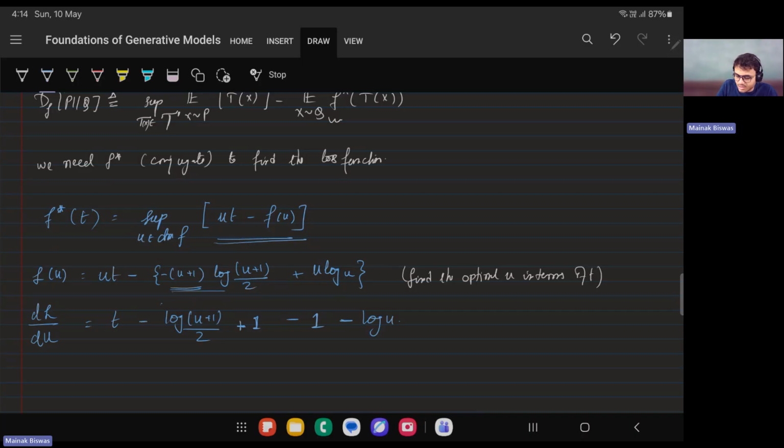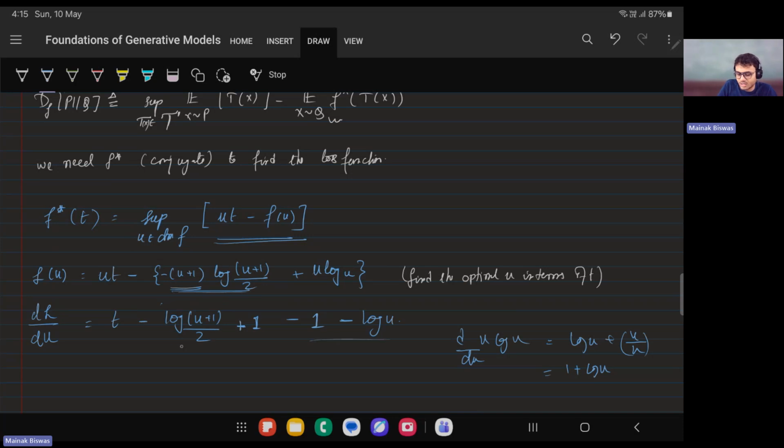We know that for x log x, if you take the derivative with respect to x, or u log u with respect to u, it equals log u plus u by u, which is equal to 1 plus log u. So that's what I've been using here, 1 plus log u.